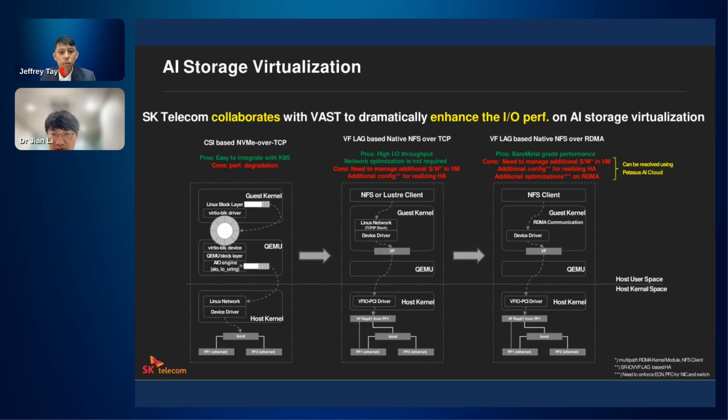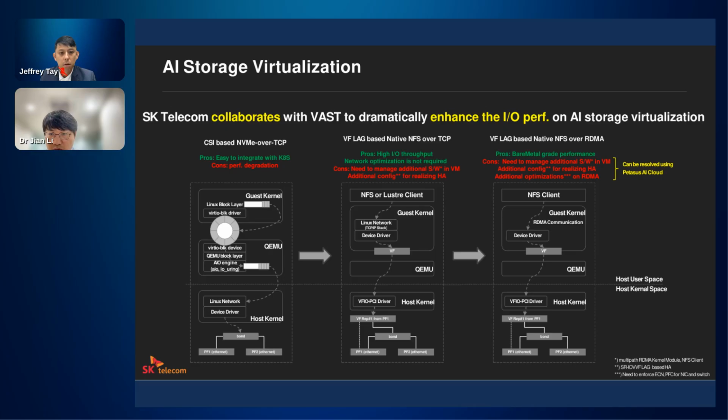The VF LAG-based native NFS over RDMA option delivers the best result. It bypasses both the guest and the host kernel IO stack, yielding throughput and latency comparable to bare metal.